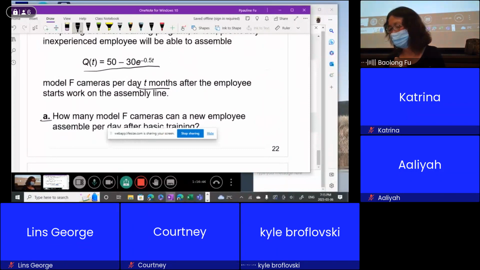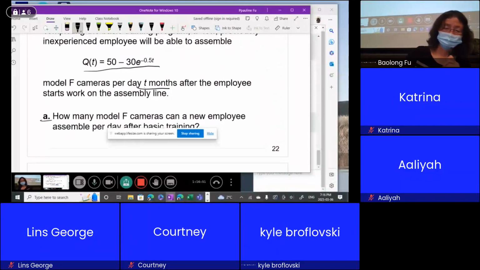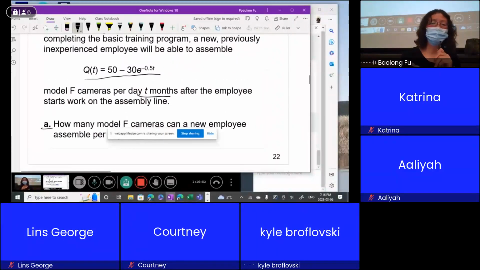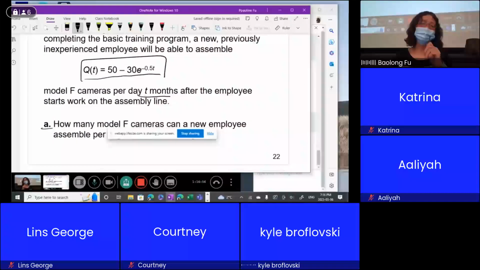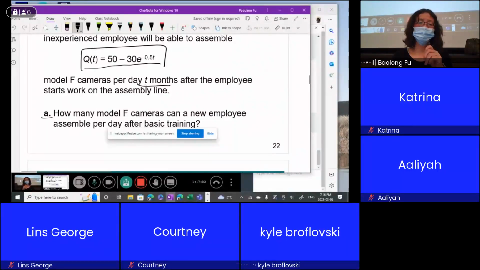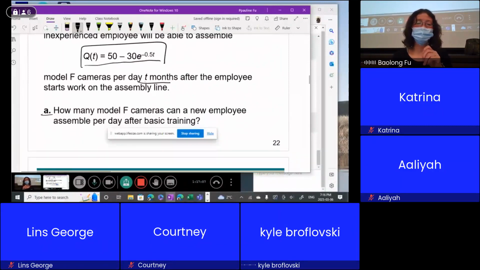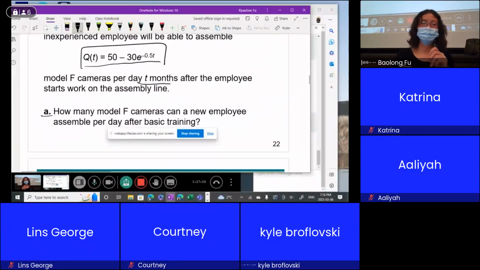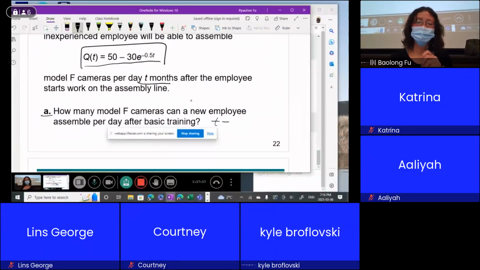And how do we answer this question? Given a function Q, this is how many cameras produced per day. Question A, how many cameras can a new employee produce after basic training? Anyone have an idea how to solve this one? This asks you when t equals 0.